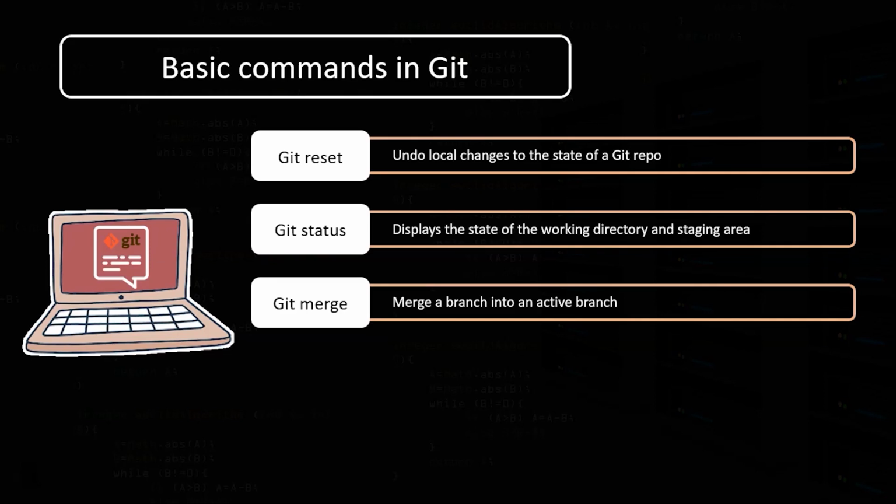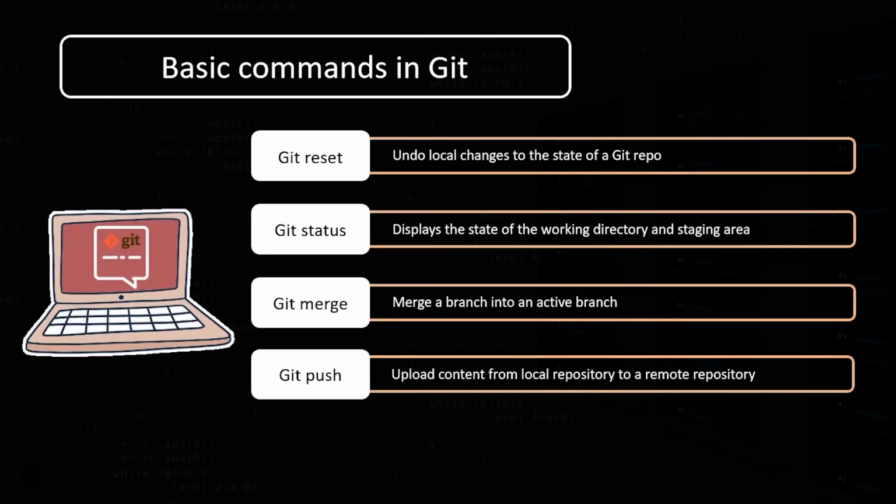All you can do is go to the master branch and trigger the merge. This merge will check the difference between the two branches, and whatever commits are missing will be synced back into the master branch. So git merge helps us move the changes from one branch to another.